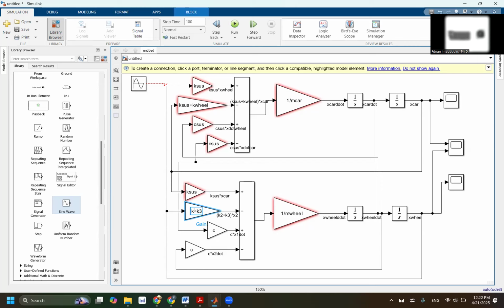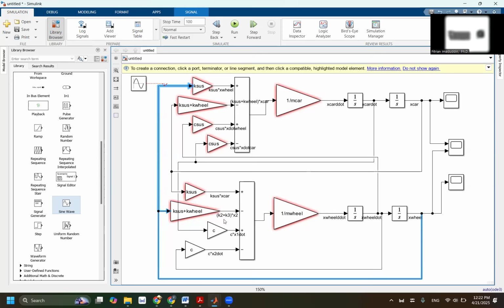This is K plus K wheel, multiplied by X wheel.